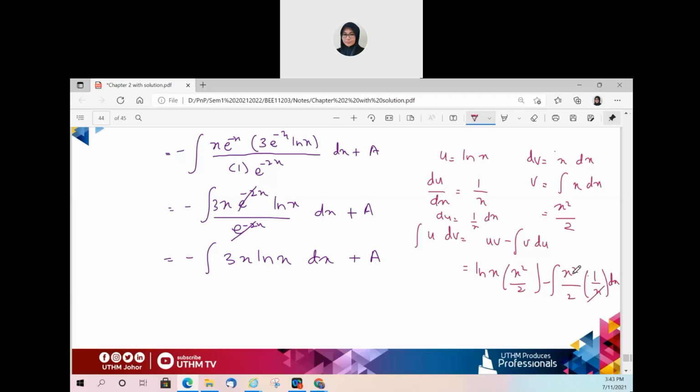Okay. So x cancel. Then equals to x square over 2 ln x minus integrate 1 over 2 x dx.